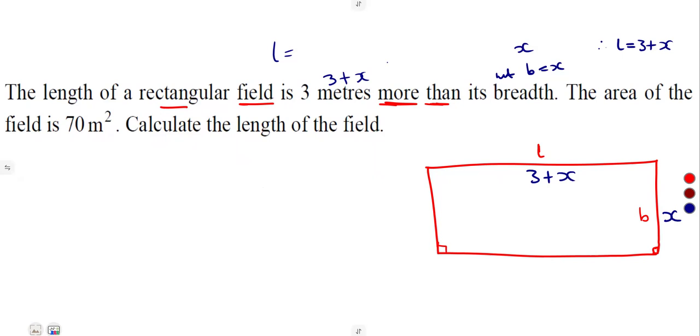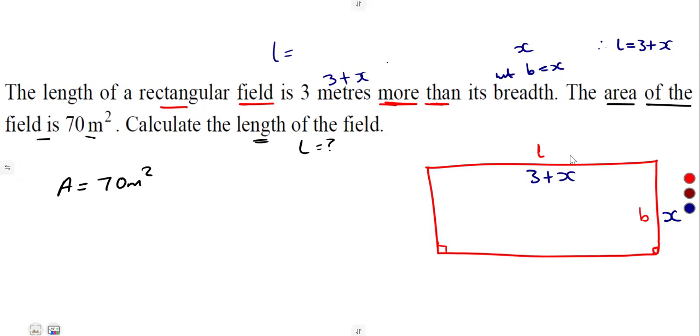Here we are told that the area of the field, our rectangular field, is 70 square meters. It's a numerical value that you're given. Calculate the length of the field. You do not know the length, but take note, the length is equal to 3 plus x.